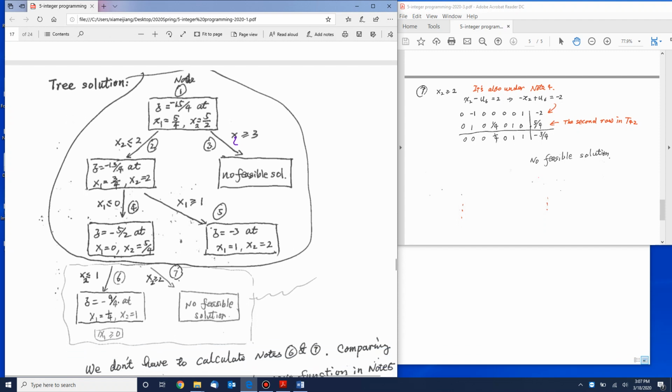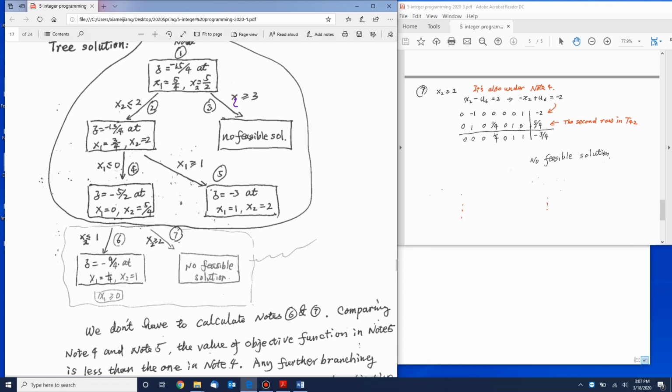Why? Because here you could see that when we calculate each step, this one z value is minus 15 over 4, and this one z value is minus 13 over 4, which is greater than this one. And when we work on this z equals minus 5 over 2, which is greater than negative 13 over 4.